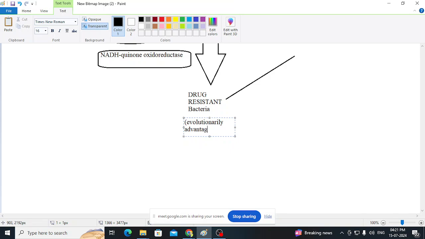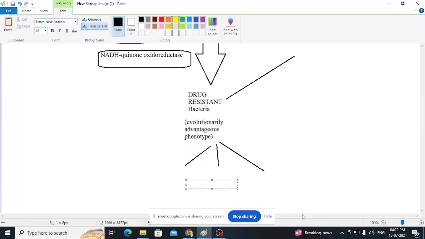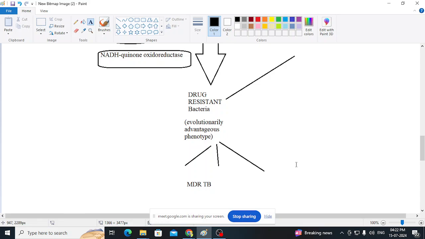If a single bacteria can get away with it, it will multiply randomly and the whole strain will become MDR. You must have heard about MDR TB, which India is dealing with in a big way. So, multi-drug resistant TB.